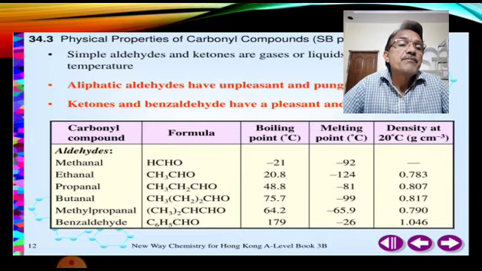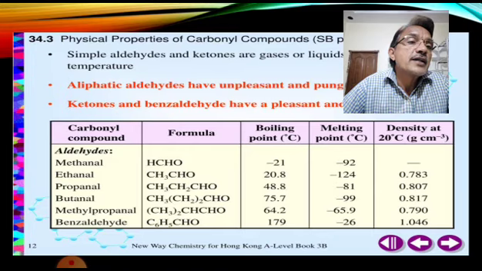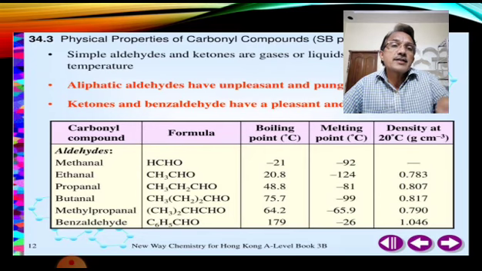But some irregularities are found in the melting points. Densities are increasing, but some irregularity is found in densities also. So boiling points are continuously increasing as the molecular weight of an aldehyde increases.